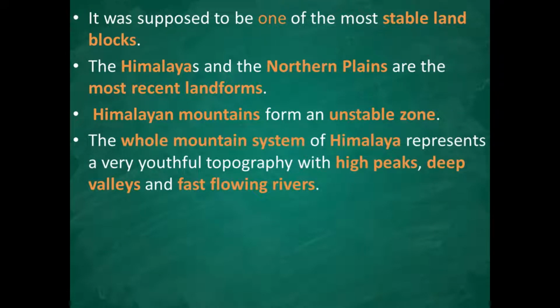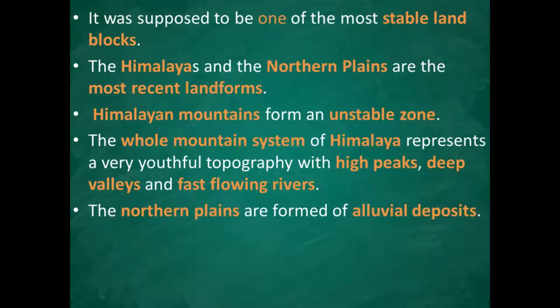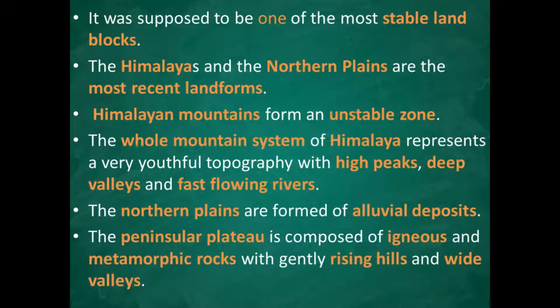The whole mountain system of Himalaya represents a very youthful topography with high peaks, deep valleys, and fast flowing rivers. The northern plains are formed of alluvial deposits. The Peninsula Plateau is composed of igneous rocks and metamorphic rocks with gently rising hills and wide valleys.